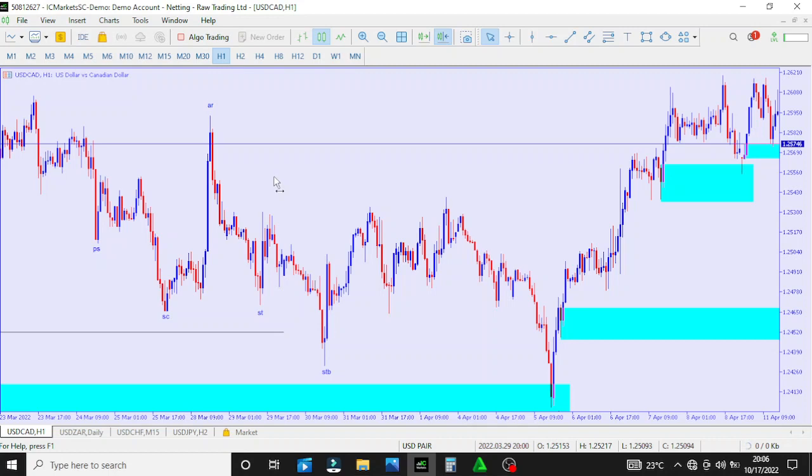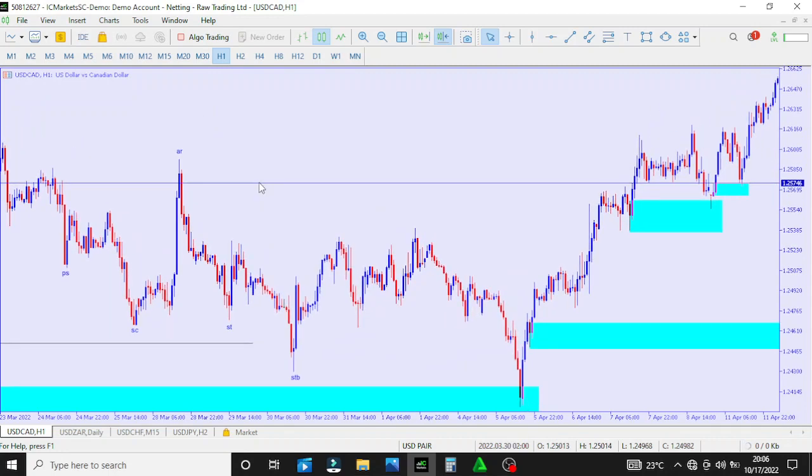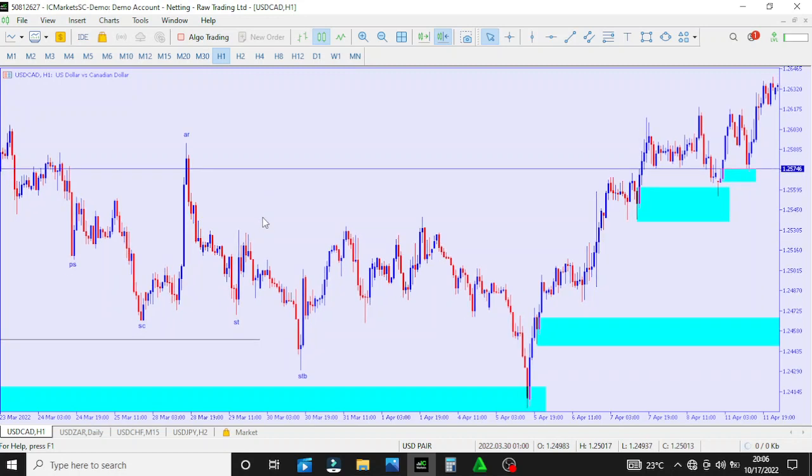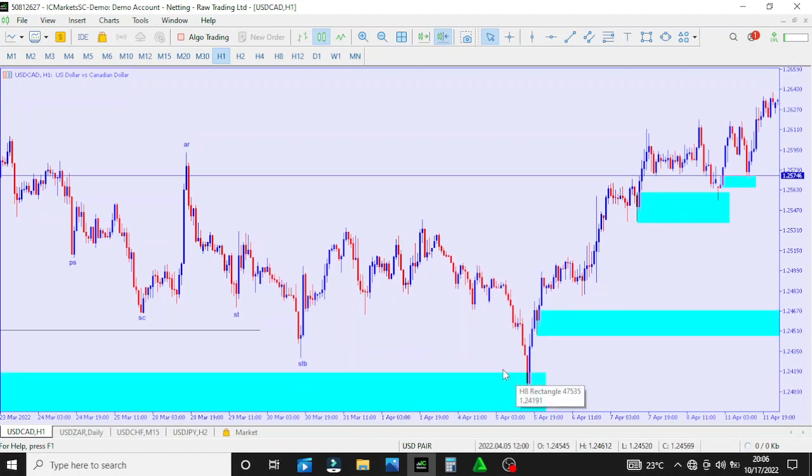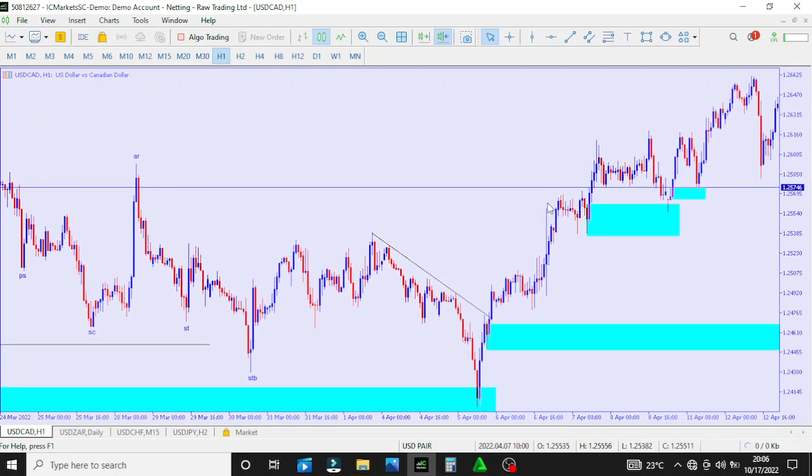Right after it manipulated the daily trend line and those daily equal lows, it went on to mitigate the point of interest, where this is a creek. By the time I was doing the analysis, the price was around here. I expected the price to mitigate this point of interest and go on to create a SOS.